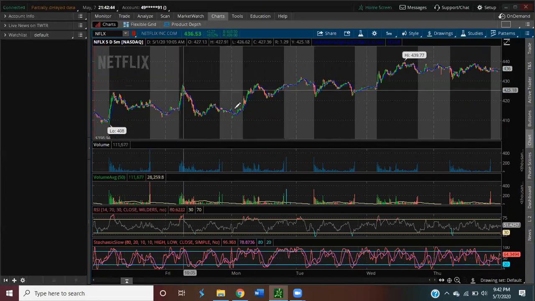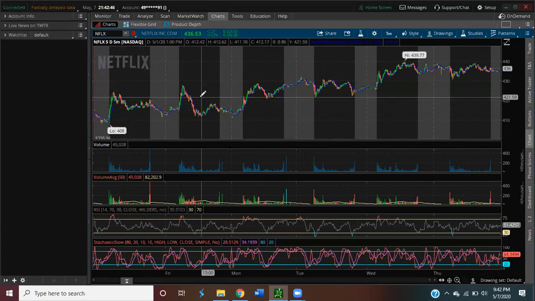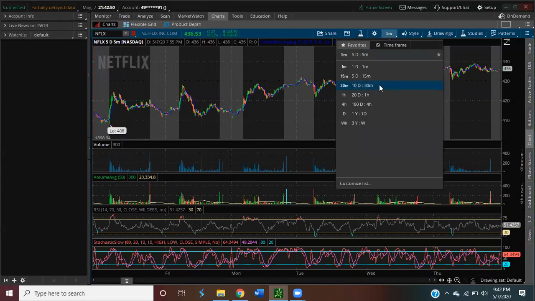So we take a look at Netflix on this. For day trades, I like to use the 5-minute, the 30-minute, or the 1 hour. And then for swing trades, I like to use the 4 hour and the 1 day chart, as well as the 1 week chart.